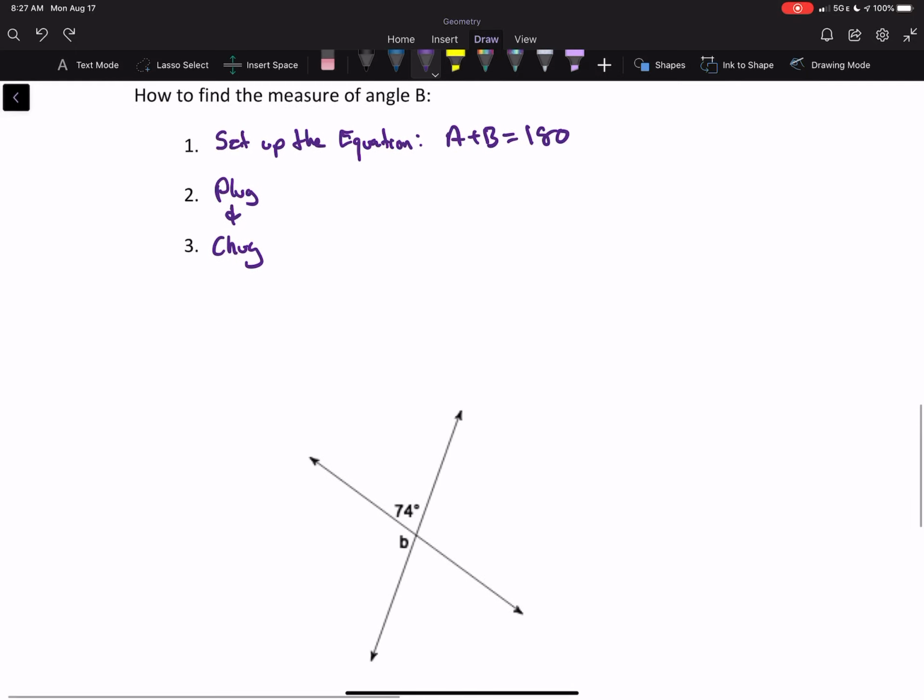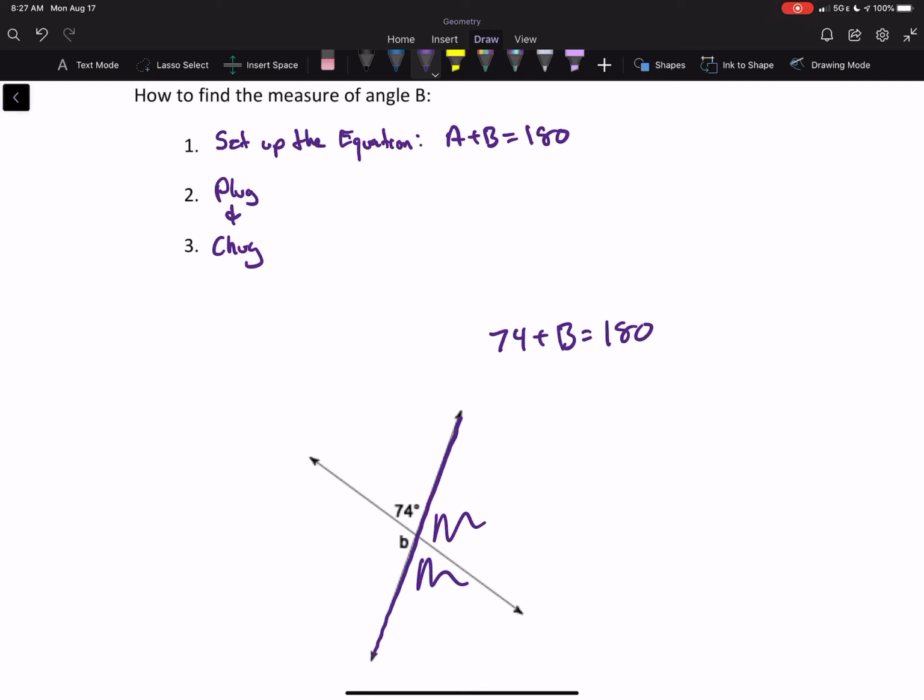So if we look at this first one, we've got a straight line right there. And then we've got these 2 angles on this side. This side over here we don't care about, it's just this left-hand side. So we've got 74 degrees plus B equals 180 degrees.